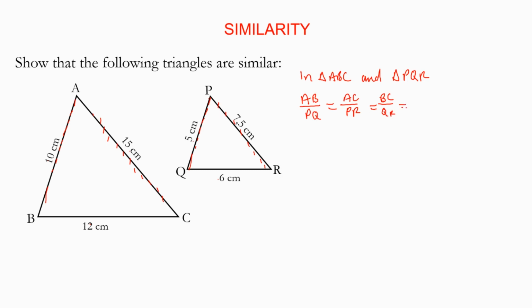Okay, and then all the CV check, they're equal to 2. So all of them, AB over PQ is equal to 2, AC over PR is equal to 2, and then BC over QR is equal to 2.